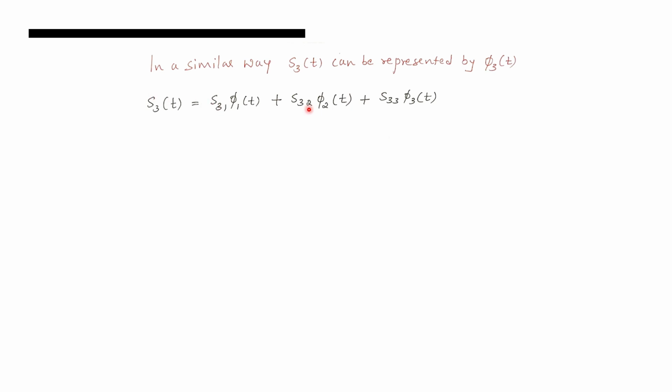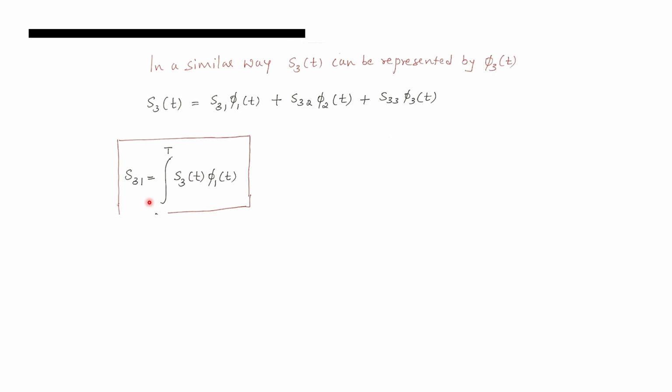S31, S32, S33 and phi3 of t are not known. That is, the vector values and the third basis function are not known. In order to find S31, S32, use the shortcut method, that is S31 is given by the integral of S3 of t into phi1 of t.